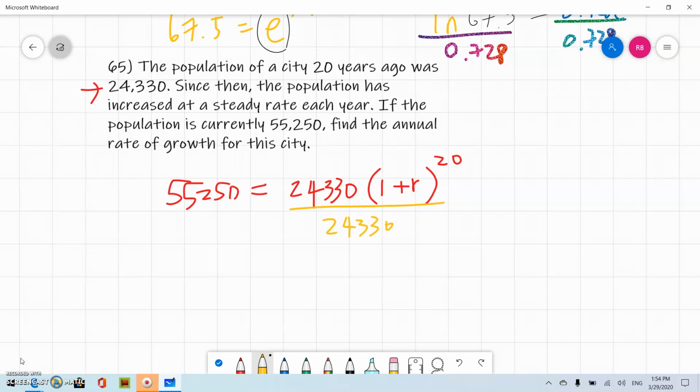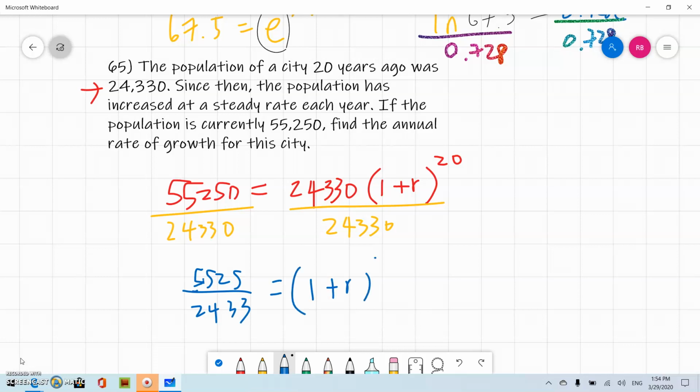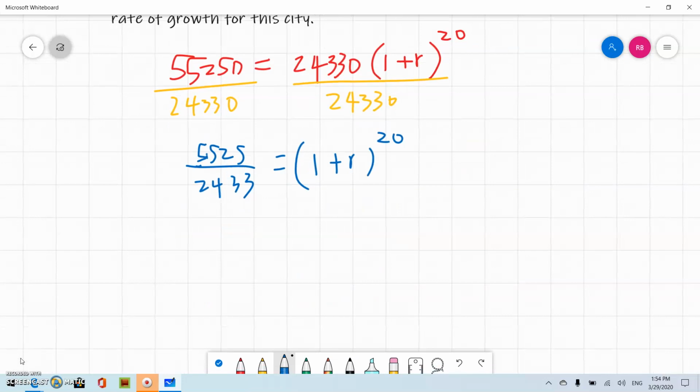So we divide both sides, and then that number is some ugly number, so I'm just going to write it as fraction, because it's best not to round it until the very last. Then I have 1 plus r to the 20th power. And this one, you do not need to use log. You are only using log when the power is unknown, and power is known.